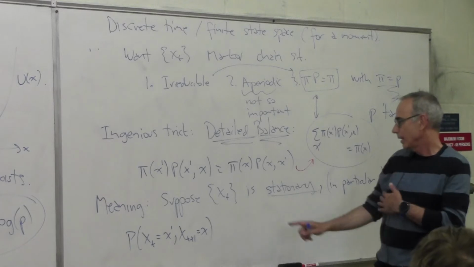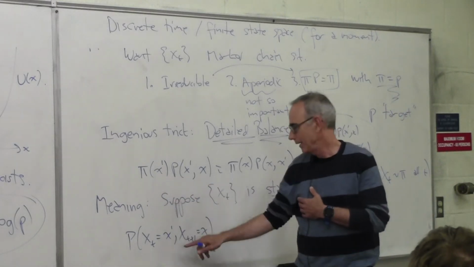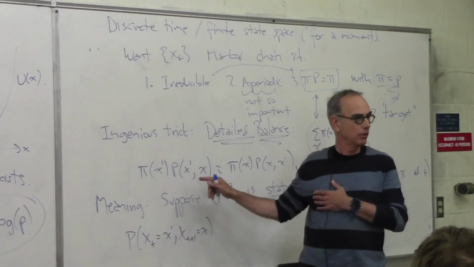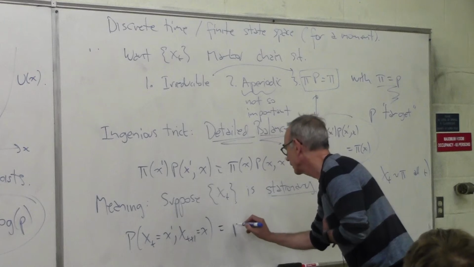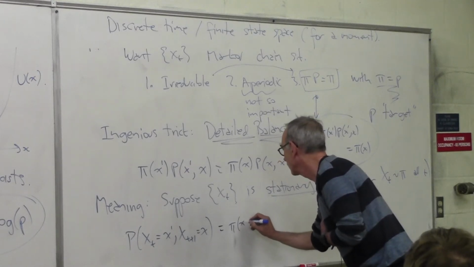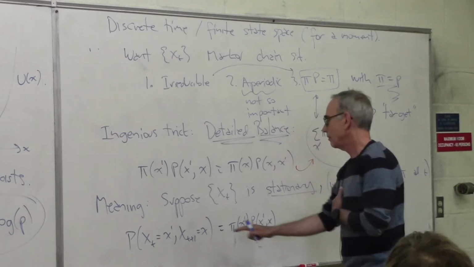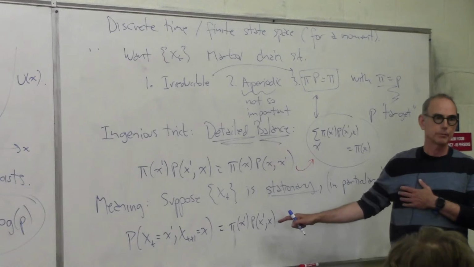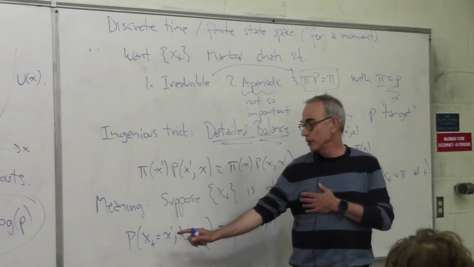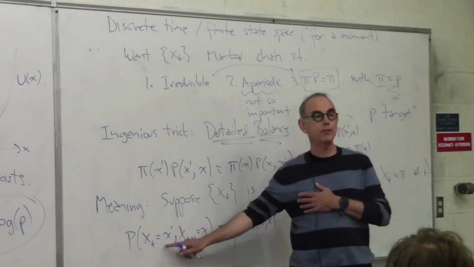Right. So the probability of being x prime is pi of x prime, and the probability of transitioning from x prime to x is P of x prime to x. Okay, so that's Bayes' rule. If I want the joint distribution of xt and xt plus 1, I look at the probability that I'm at x prime times the probability of being there given that I was there.